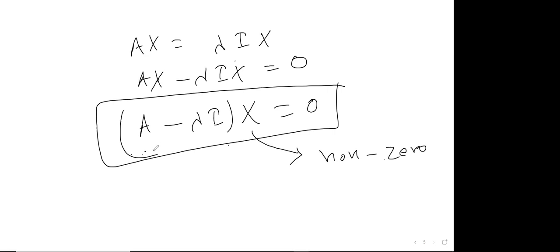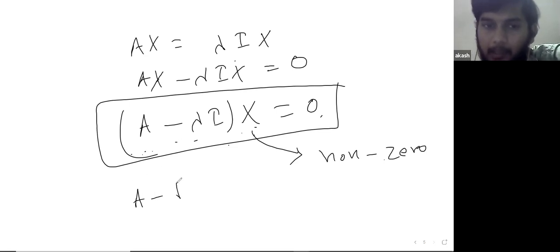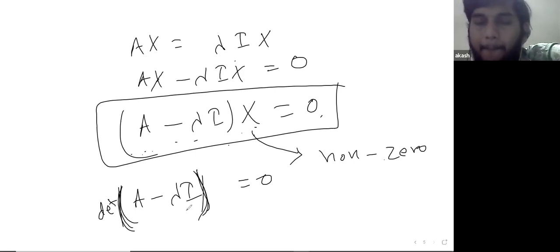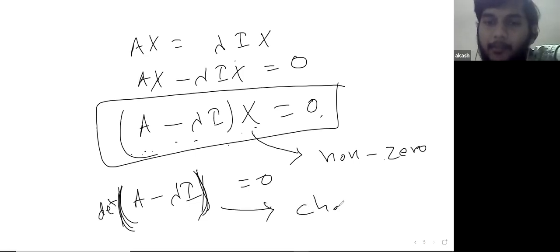So if I'm multiplying two matrices and getting a zero matrix, one of them has to be a zero matrix. And we know that x cannot be a zero matrix. That means A minus lambda times I is a singular matrix, meaning its determinant is 0, right? Okay, sir.